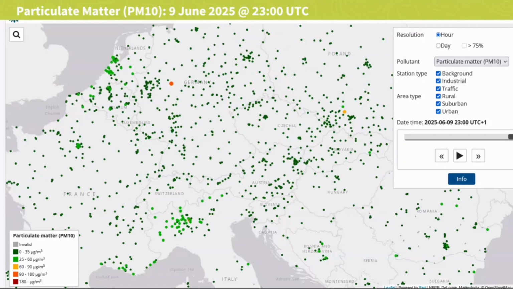The stations are near the ground, which is a sign that this smoke is in higher levels, so 2, 3, 4 kilometers, but not on the ground, not yet here. So it came down to the ground later on, but on 9th June, the stations did not show a strong contamination near the ground.